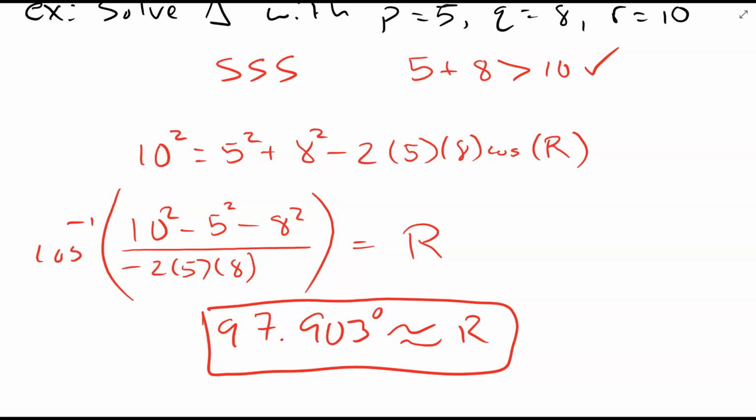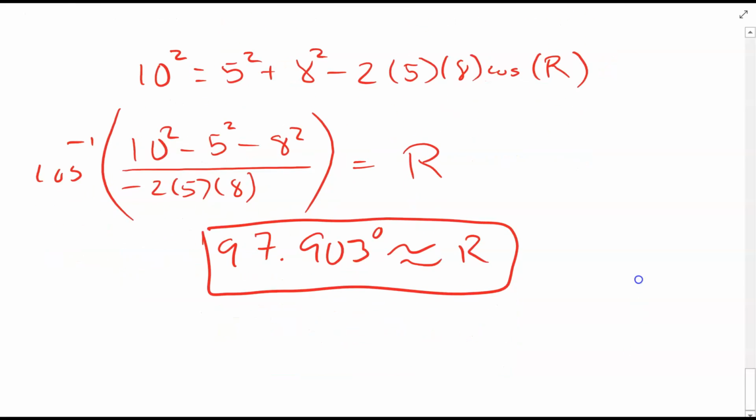Now that I have R, I can do the same process using law of cosines to find either P or Q, or I could use the law of sines. That's what I would choose to do here.